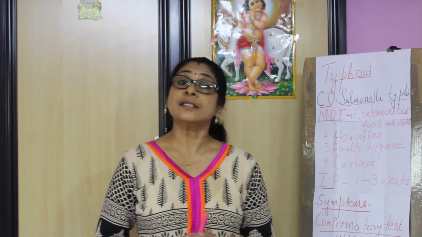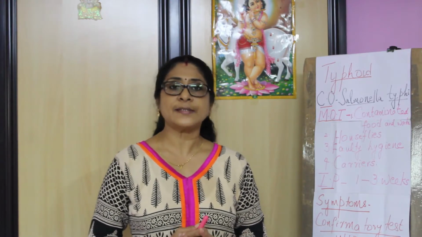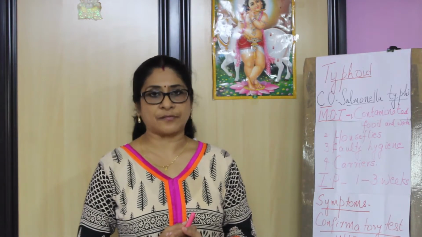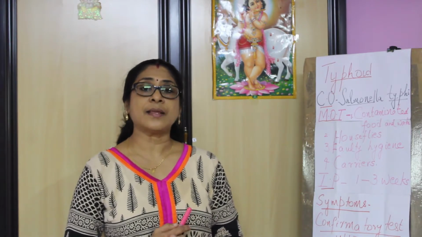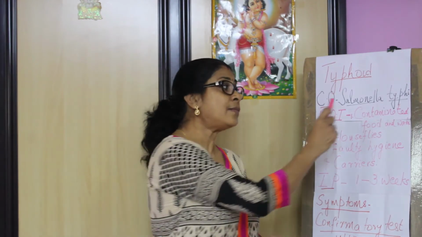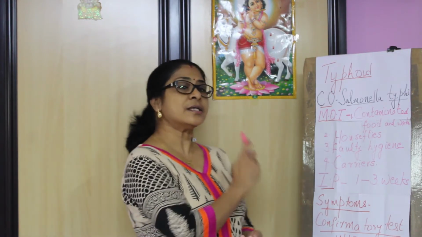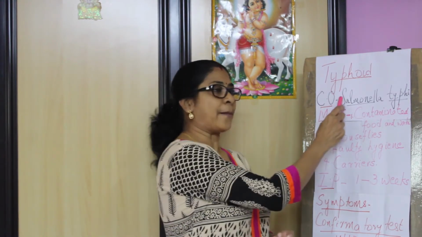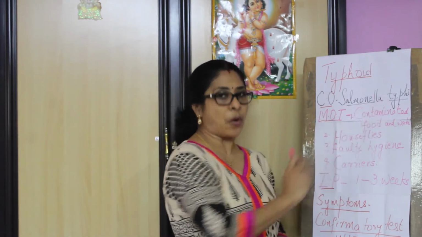Let's see what the causative organism, or the causal organism, of the disease typhoid is. Typhoid is caused by the bacteria Salmonella typhi. I hope all of you remember that when we write a scientific name, the genus must begin with a capital letter and the species with a small letter.